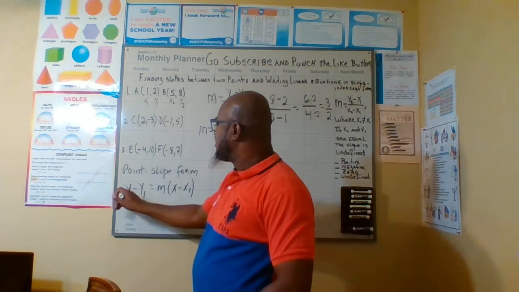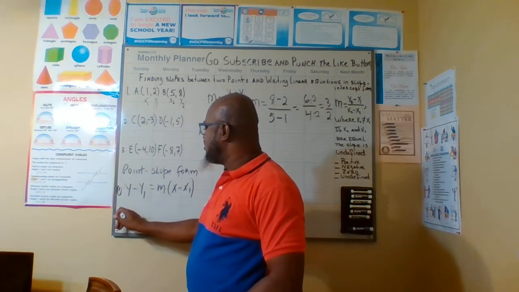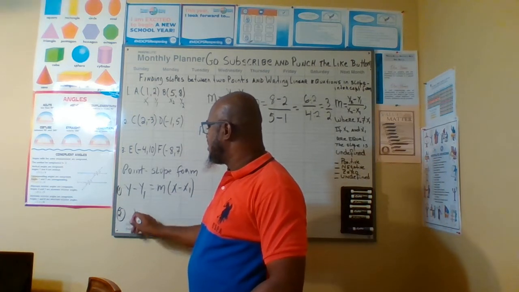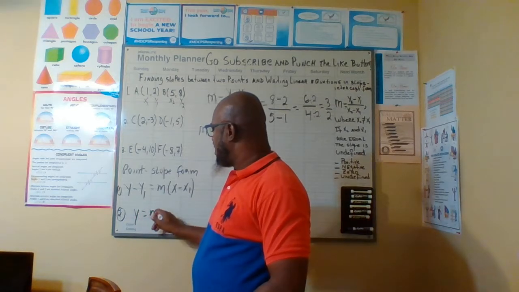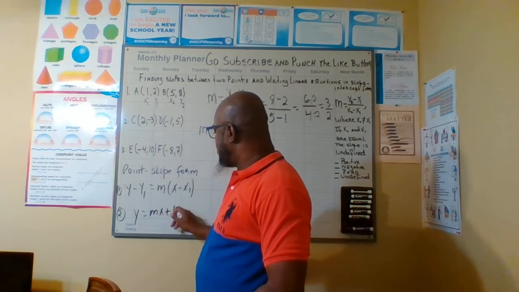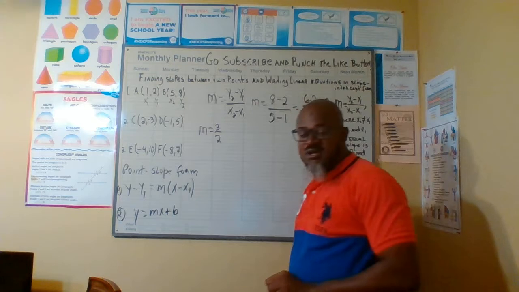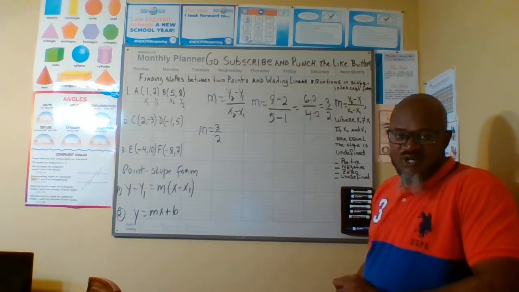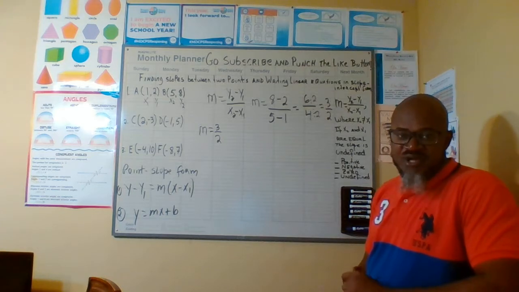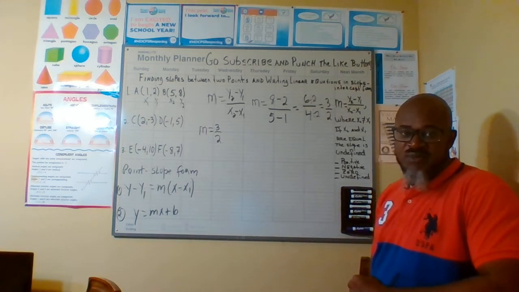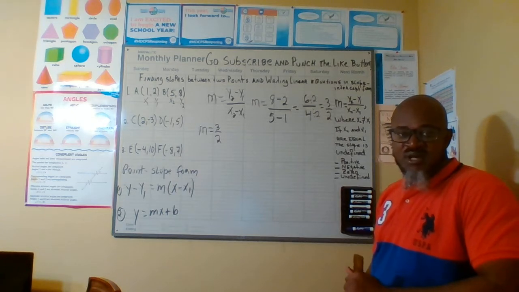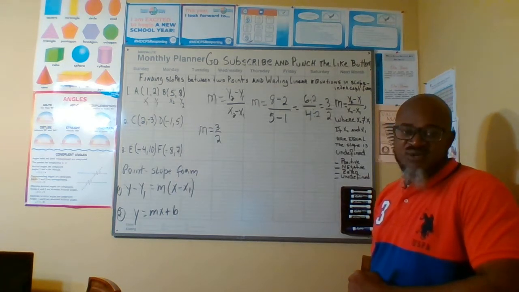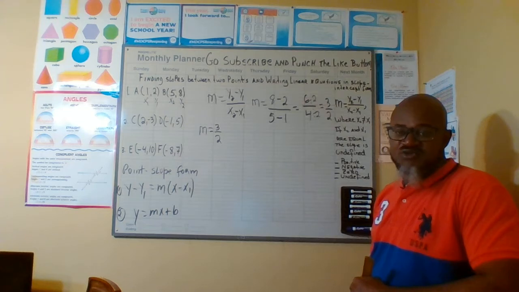That's one. You can use that, or you can use the famous one, y equals mx plus b. So I'm going to use both options for you. As a student, you will find which one you are more comfortable with, then you pick your choice. It doesn't matter which one you use, you will get the same outcome. Do so many examples, and by that time as a student you will make your decision which one you prefer.